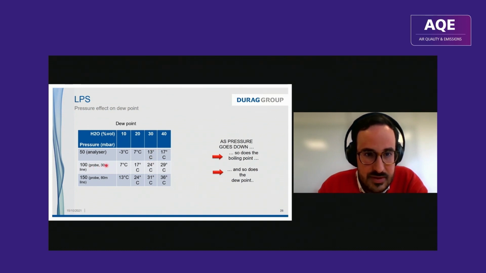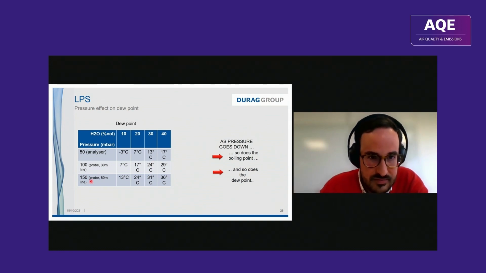At the probe, after 30 meters, we could be at 100 millibar because we have a loss of pressure along the sampling line. But still, our dew point will be at 24 degrees. And imagine we are in a large refinery plant where we have a very long sampling line, 80 meters. Then still after 80 meters, we are able to maintain 150 millibar absolute, and our dew point is at 31 degrees.